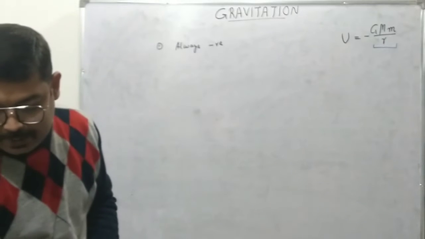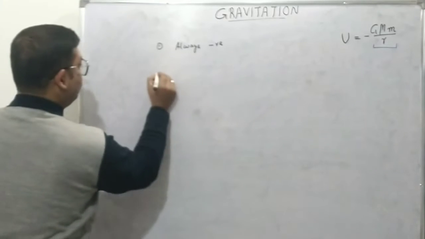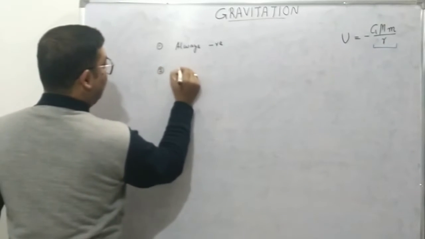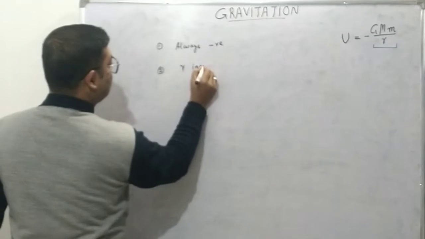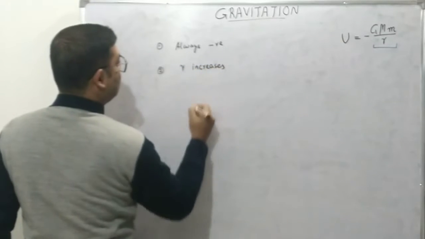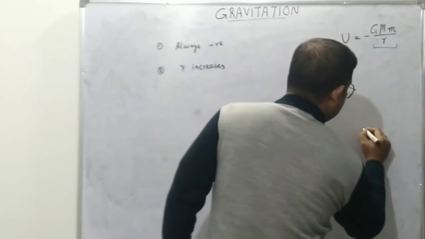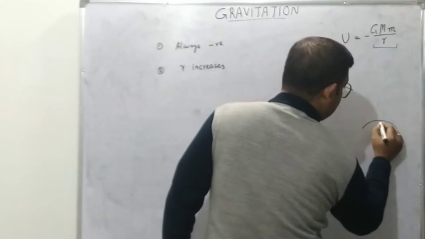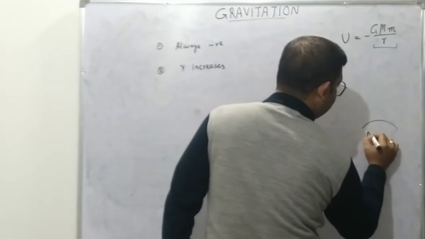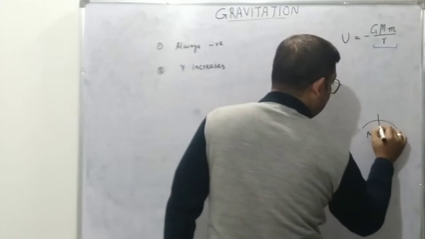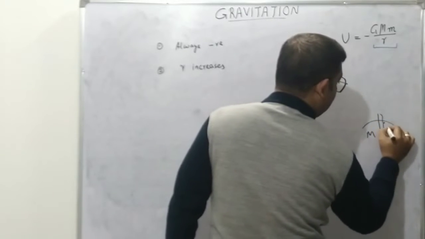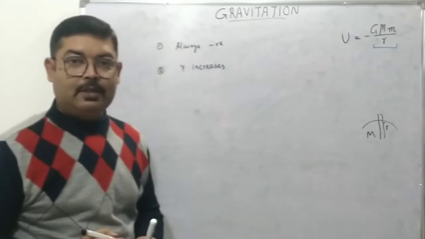Which means, number two, conversely, say this is the center of the mass M and this is r, the object is at this distance r.